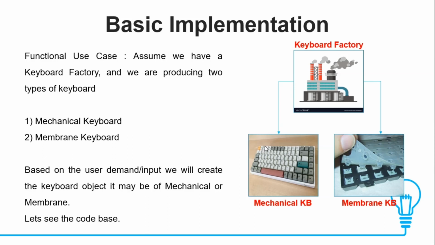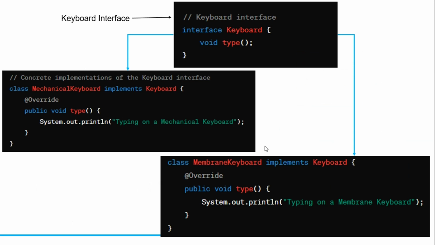You can take any example that suits your project requirement, as it is a very basic design pattern. You may face this design pattern in your day-to-day coding challenges. So let's see the code base implementation.